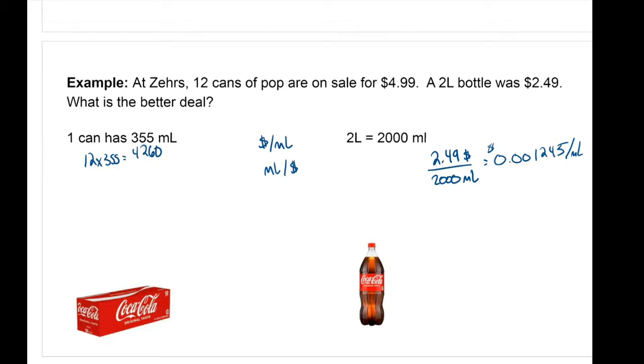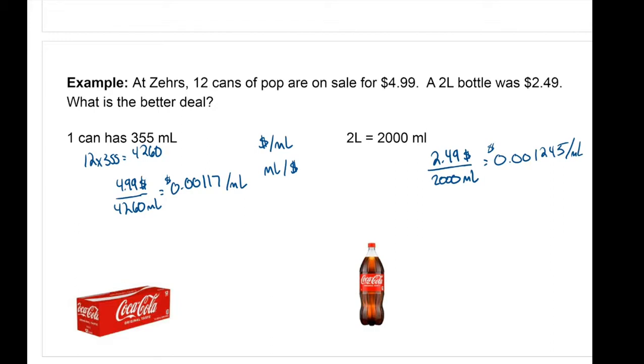Now I can find the unit rate, so 4.99 divided by 4,260 gives me a value of 0.00117 dollars per milliliter. So if we look at the two and compare, we can see that the 12 cans of pop, even though it costs more, is the better deal because the cost per milliliter is technically cheaper.